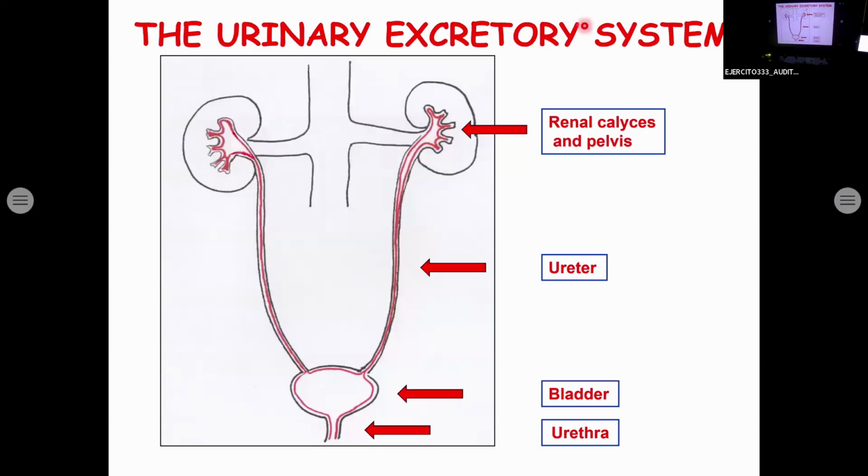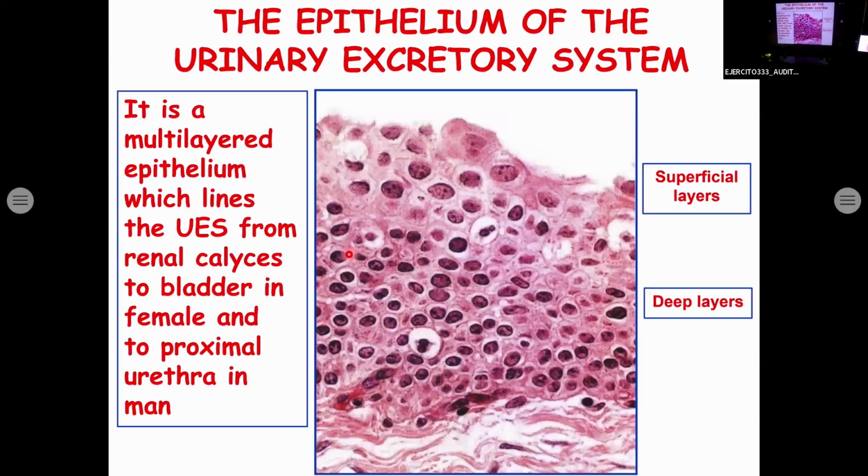All this urinary excretory system is lined by uroepithelium, which is a multi-layered epithelium, which, as I said, goes from renal calyces to bladder in female and up to the proximal urethra in men.